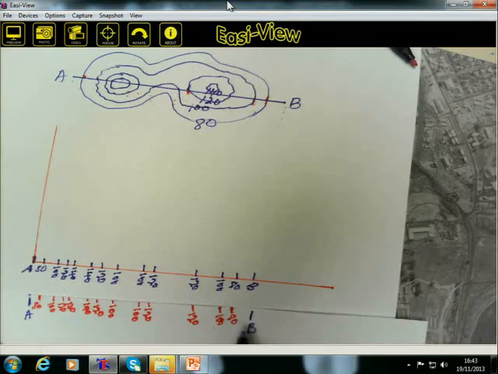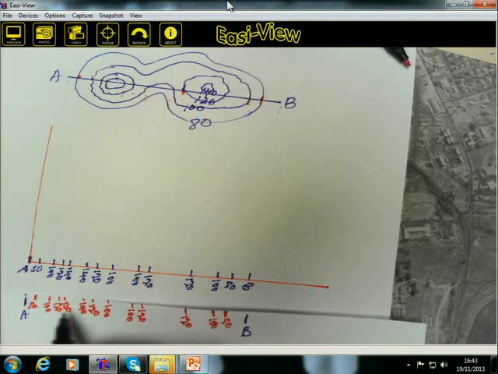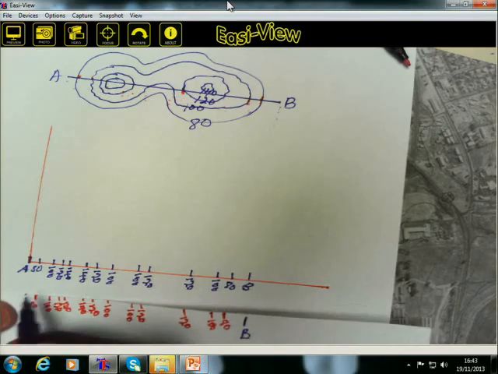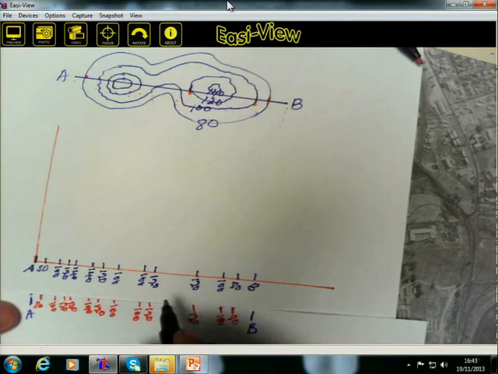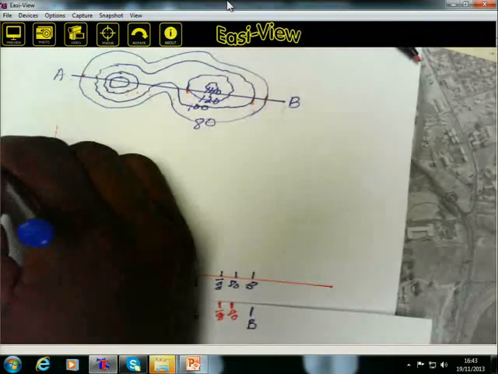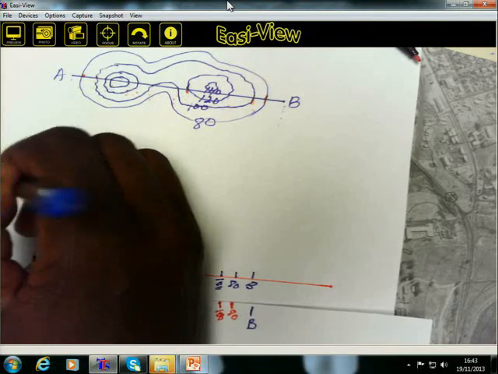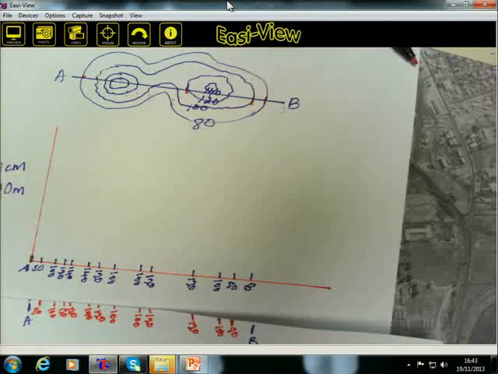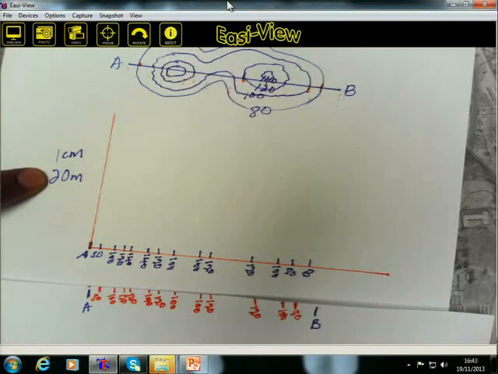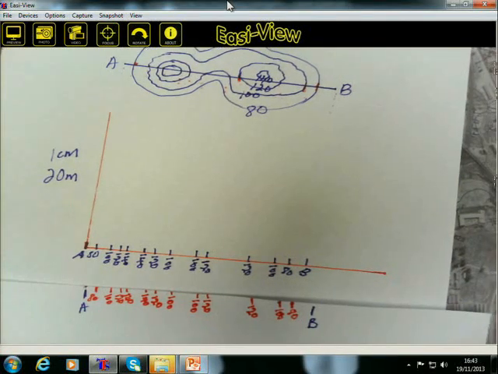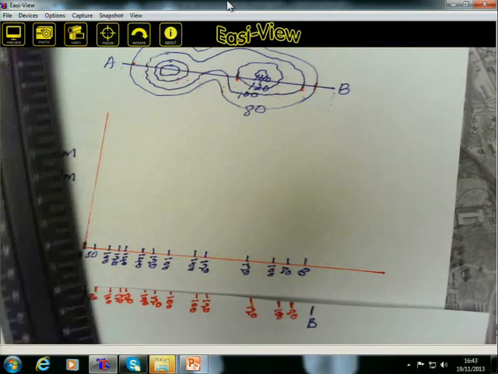Second step will be, when you look at it, the lowest value will be how much and the highest value will be how much, with a measurement of saying 1 centimeter represents 20 meters. For every centimeter, it represents 20 meters. And we have your ruler.